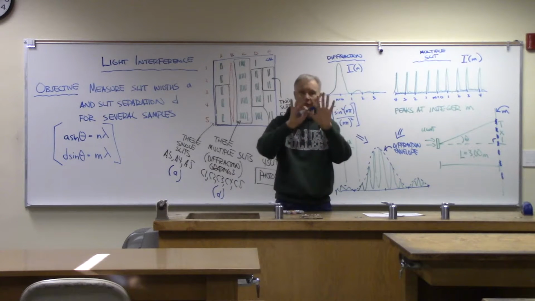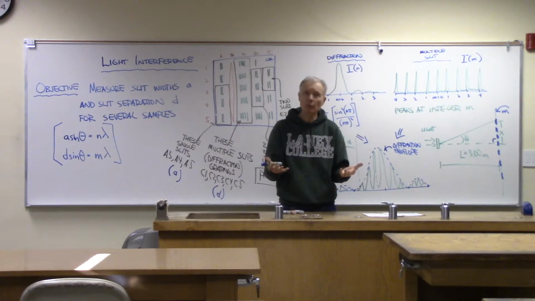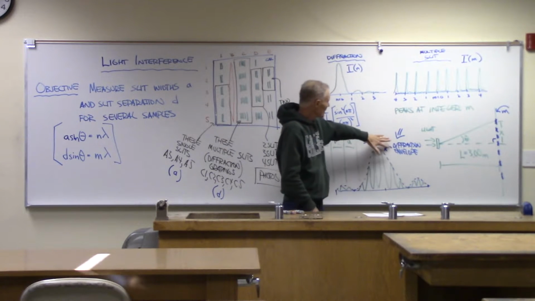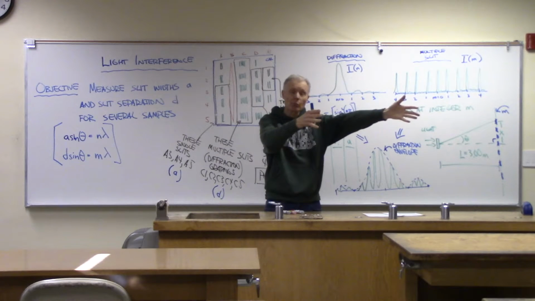Otherwise, if we had a flat screen and we kept going to larger and larger angle, the intensity would drop off among the peaks, not just because of diffraction, but also because it's getting longer and longer and the light gets a little more spread out.